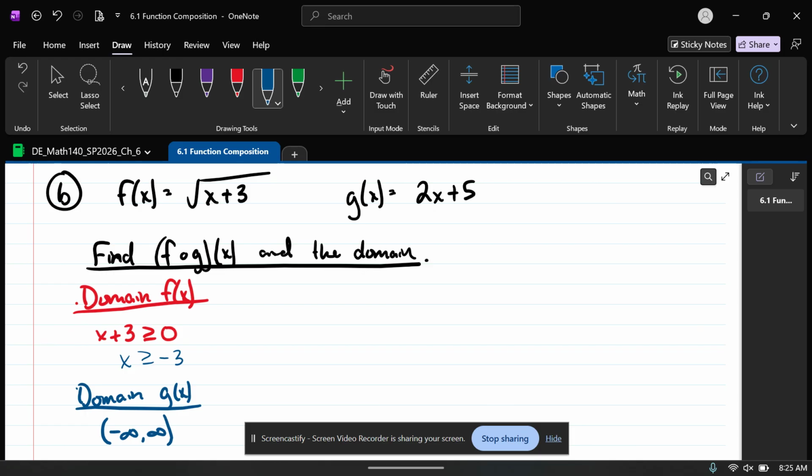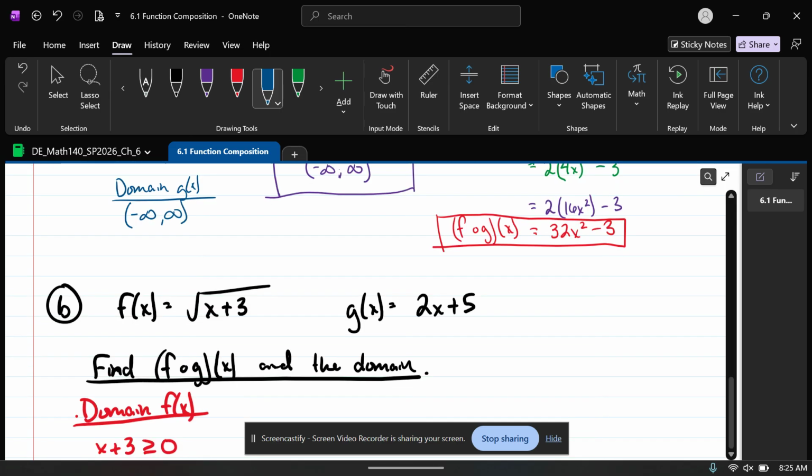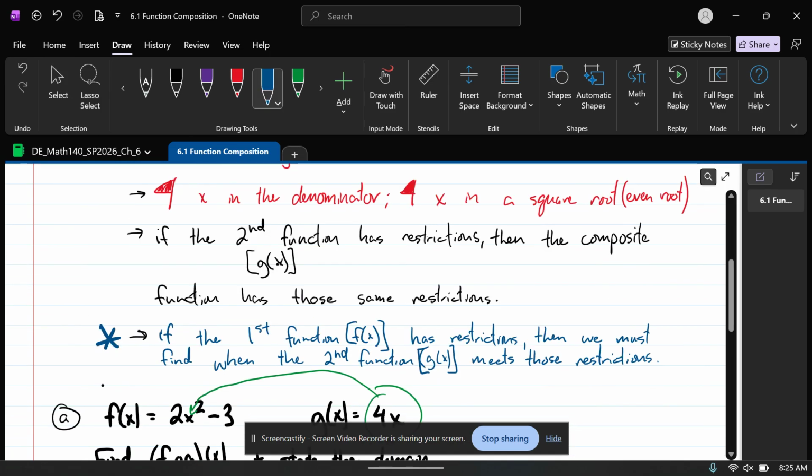Okay. Now, here's where this gets more interesting, because the first function in our composition statement, so this is that blue line from up here, this is what we're doing. Because the first function, f of x, had restrictions, we got to find out, when does g of x meet those restrictions?